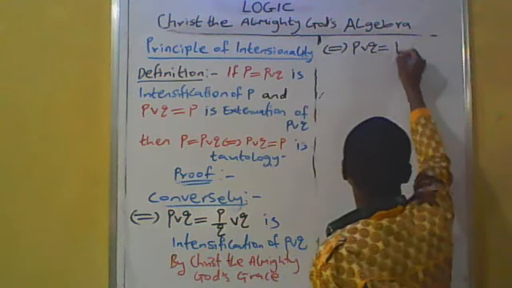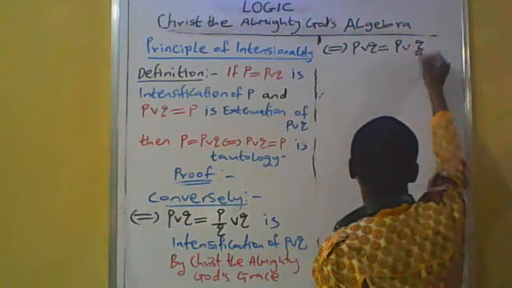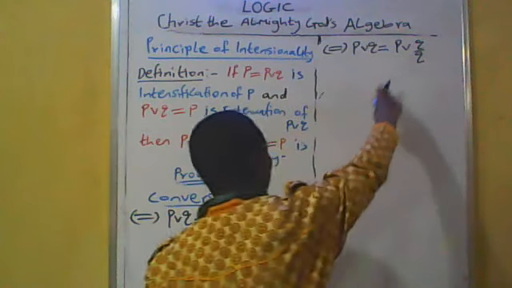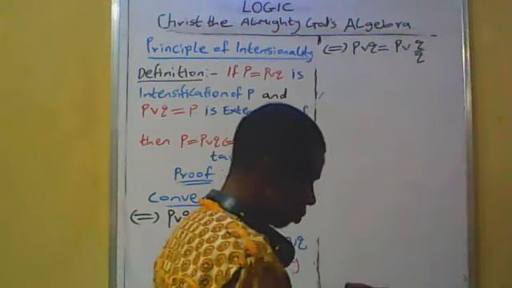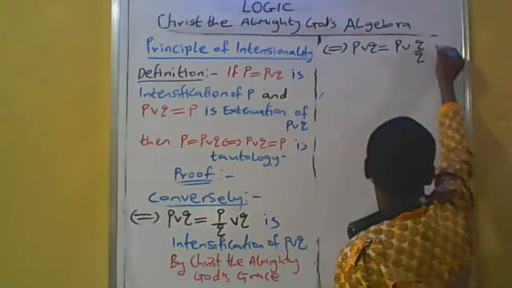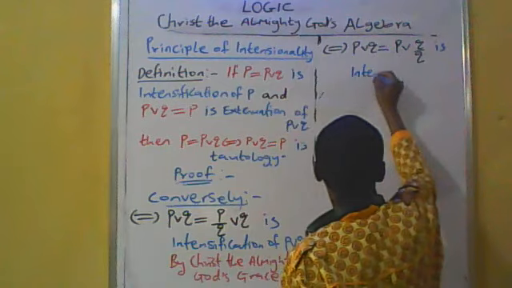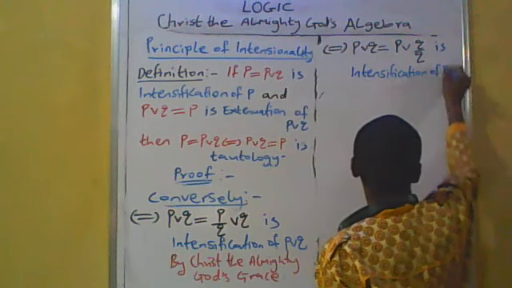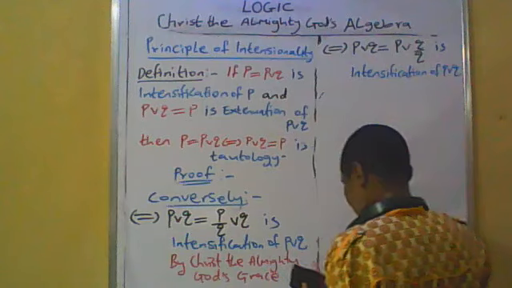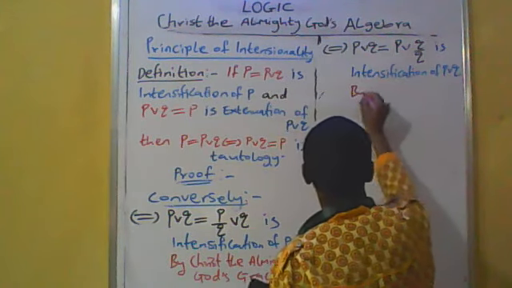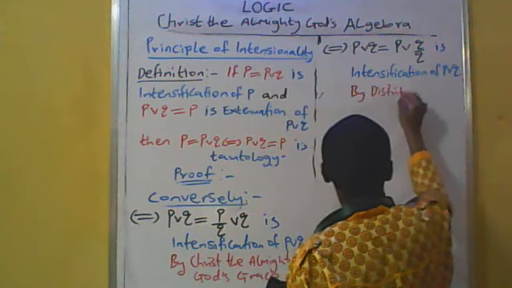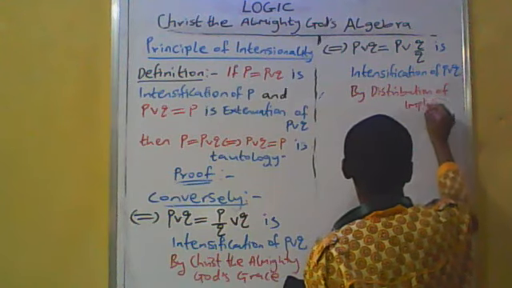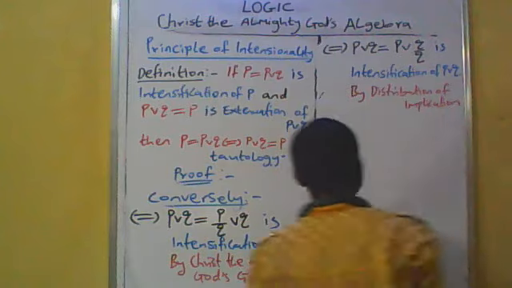That means we have P or Q implies Q, which is still an intensification of P or Q because it is still equal to a tautology, which is greater than P or Q. It is an intensification of P or Q, being justified by distribution of implication.